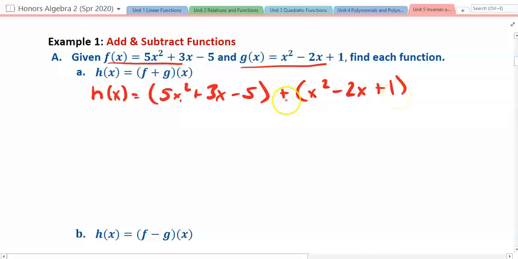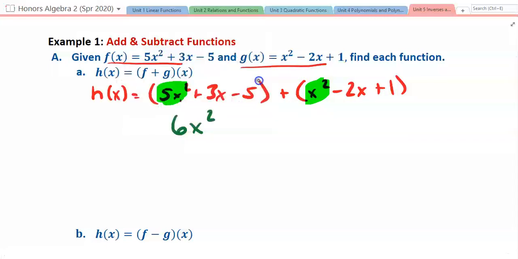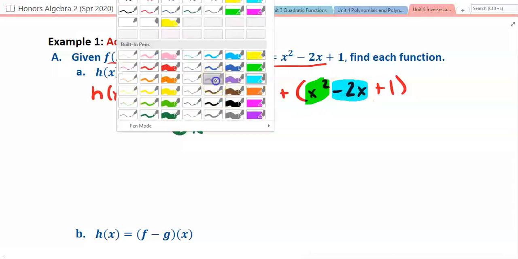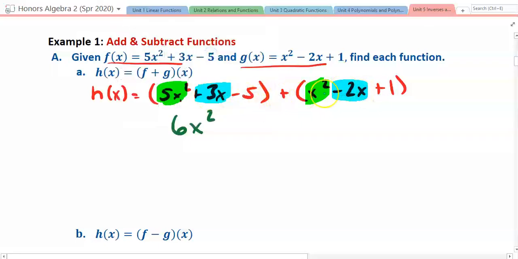Now, it's addition, so I can just drop all the parentheses and combine the like terms. So the x squared term with the x squared term will give me 6x squared. And then we'll take the x term with the x term, and we're doing 3 plus negative 2 is positive 1, so plus x.